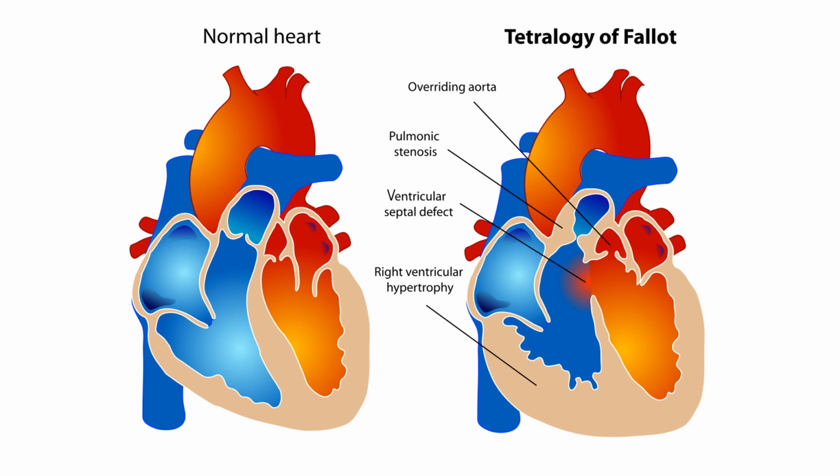You can see the anatomical defects: the right hypertrophy, the VSD, the overriding arch, and the pulmonic stenosis. The pulmonic stenosis is at the pulmonary valve that leads to the lungs, and it obstructs the right ventricle leading into the pulmonary arteries.